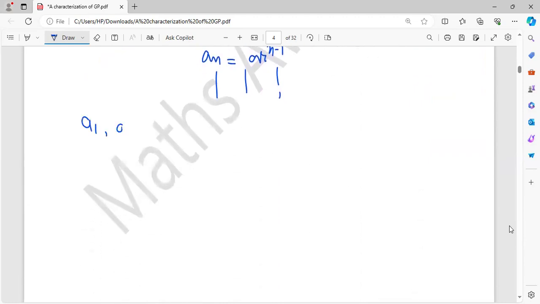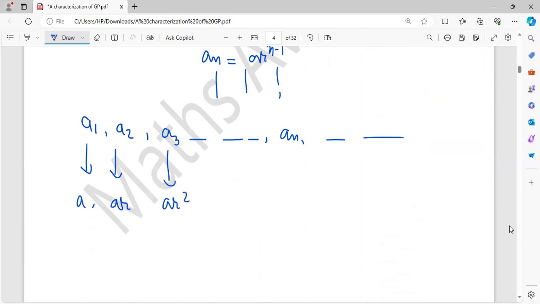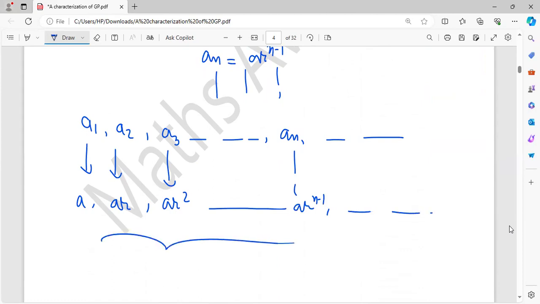You got a1, a2, a3, an. This term is a, this term is ar, this term is ar square, and this term is ar to the power n minus 1, and so on. This is in GP clearly. So question is done. We have proved.